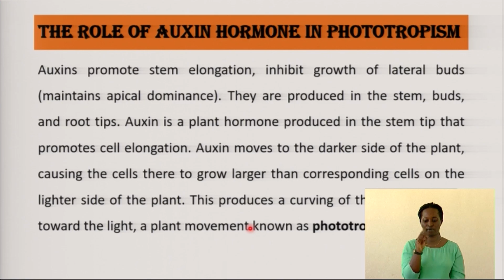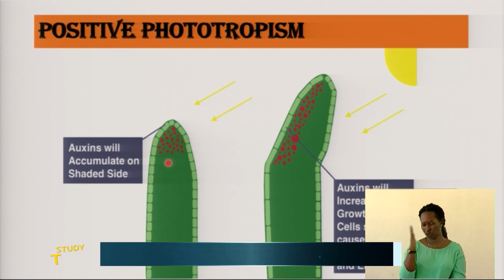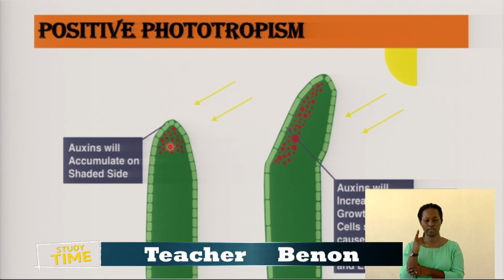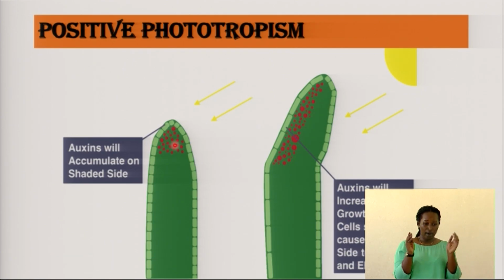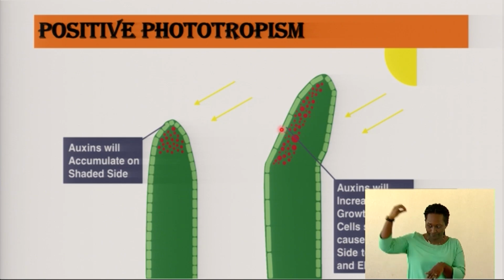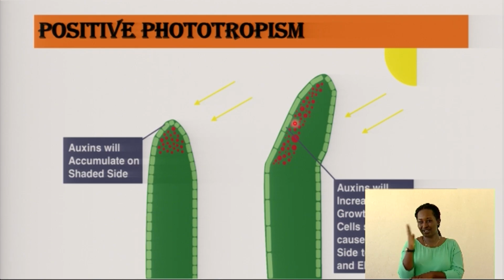Let us see this. You see, this is our plant. This is the plant, and this is auxin hormone at the tip of the plant. You see, there is equal distribution of auxin hormone. But as sun rays come towards the plant, this is what happens. The auxin hormone accumulates on the dark side of the tip of the plant.